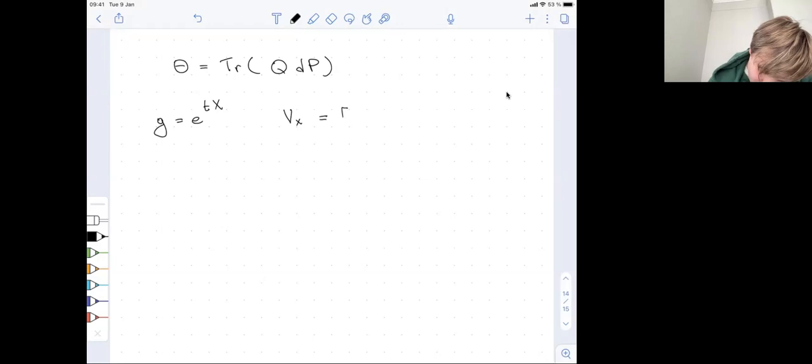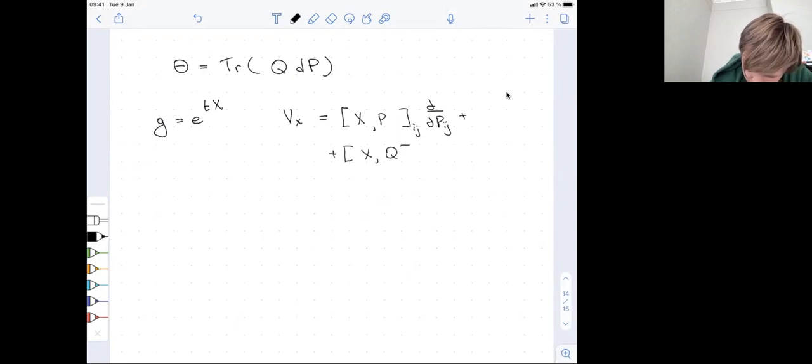Let me write it in coordinates: it will be d over dp_ij of the commutator of x with p, plus the commutator of x and q, d over dq_ij. Okay, up to sign, but the important thing is that the sign is the same in both cases.